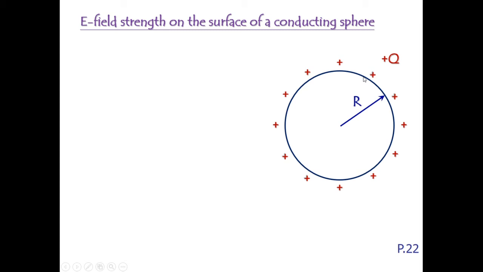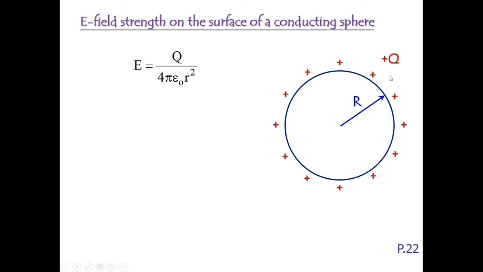As we have mentioned before, if the charge is uniformly distributed over a conducting sphere, then we can regard all the charges as concentrated at the center of the sphere. So the electric field is also given by this expression.